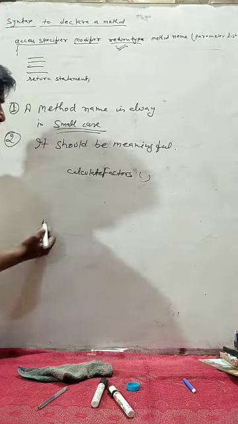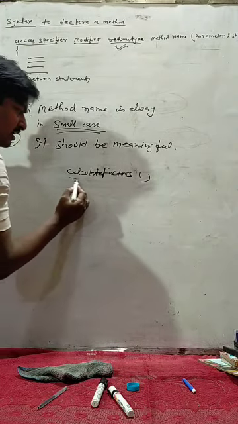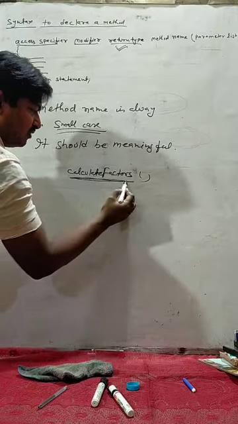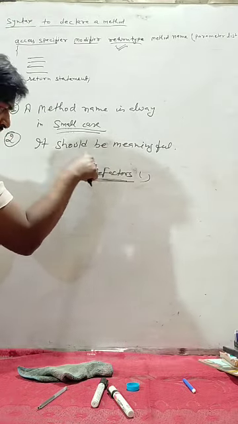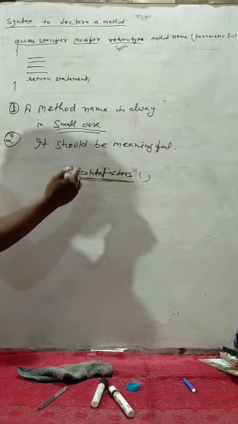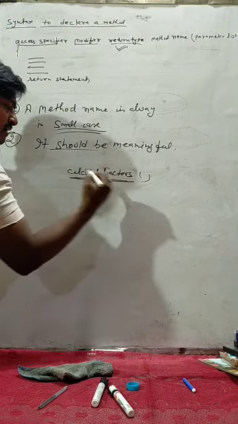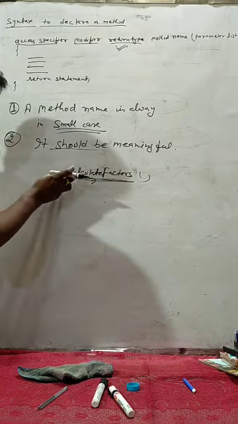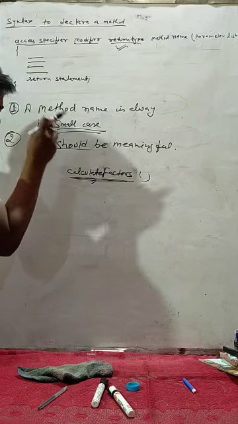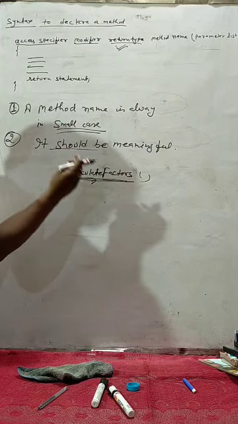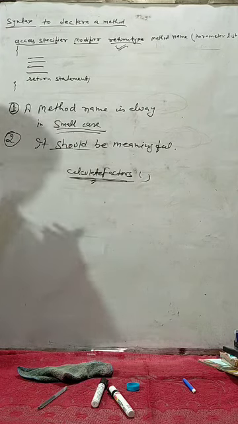Calculate factors means the method name indicates the types of work which are going to be performed inside the function. Okay, so method name should be meaningful. Its name should clear its performance, its work. What kind of work is going to be done in the method.